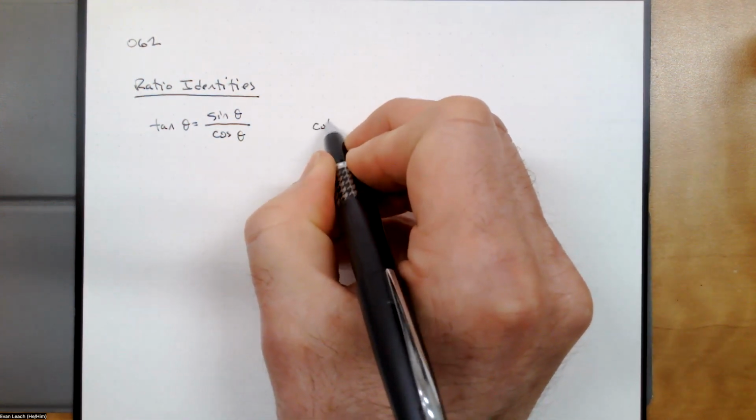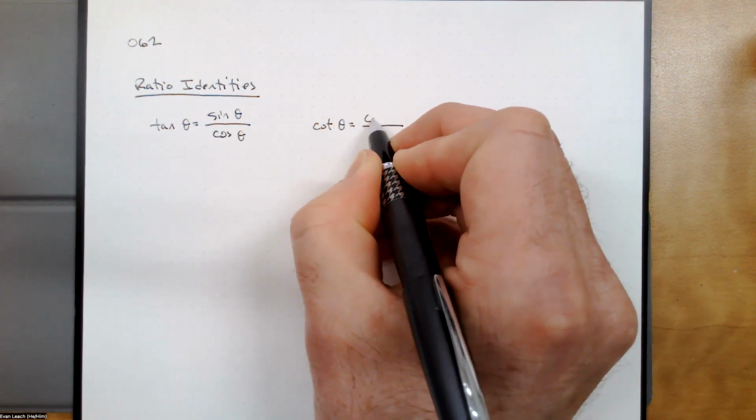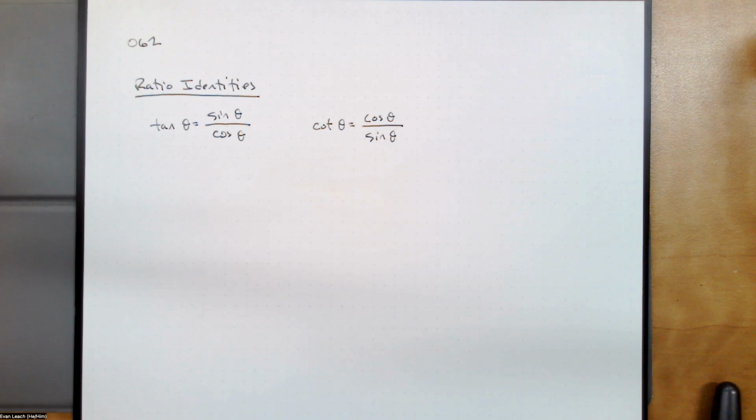And since the cotangent of theta is 1 over the tangent of theta, cotangent of theta is cosine over sine. If this is 2 times as many things as you want to remember, tangent of theta is sine over cosine, that's the one to remember.